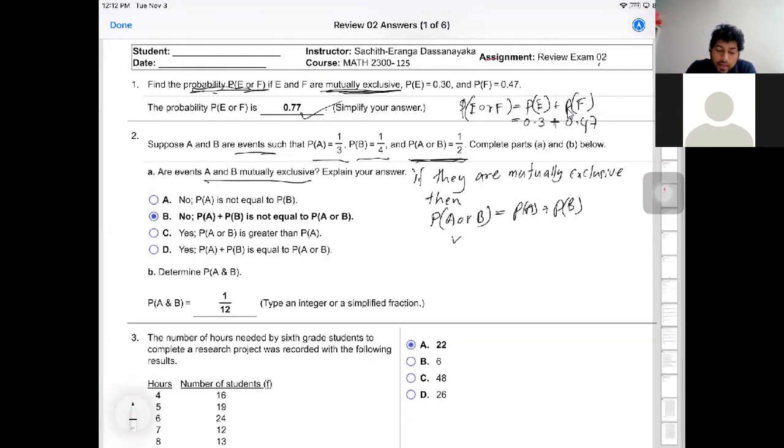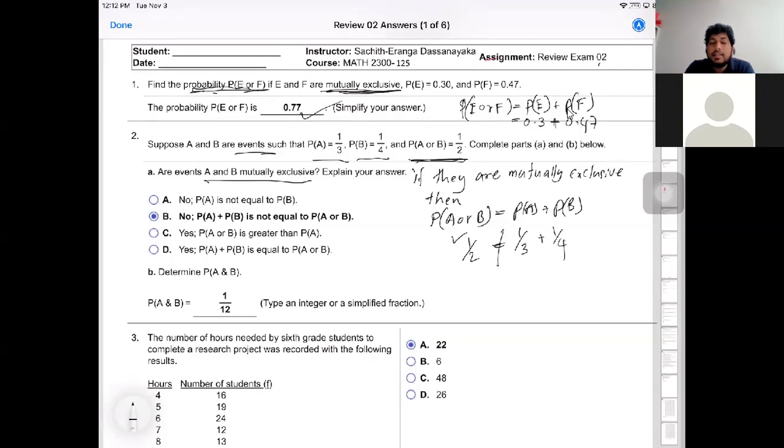They have given probability of A or B, it is 1/2. You don't have to calculate much, they have given everything. Probability of A is 1/3, probability of B is 1/4.